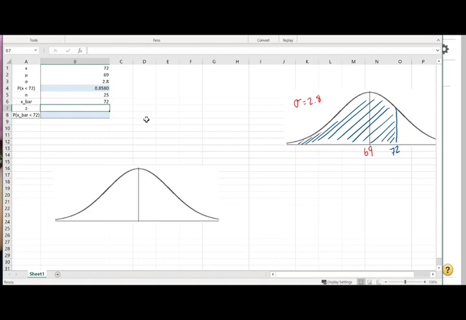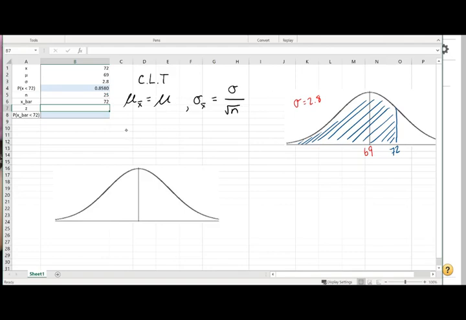So remember, when we're converting to a z-score, we're using the fact that the mean of the sample means is equal to the population mean, and the standard deviation of the sample means is equal to the standard deviation of the population divided by the square root of n.